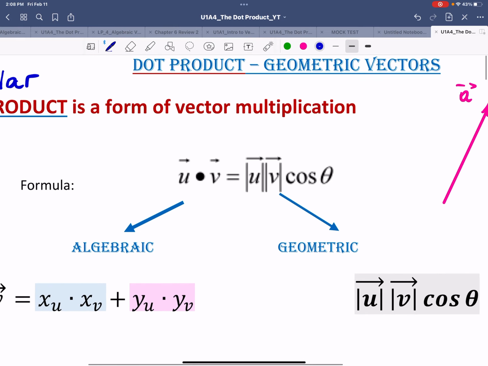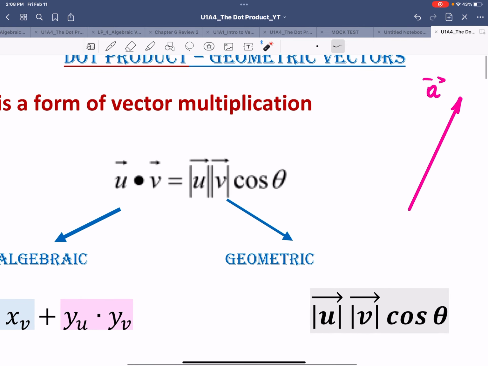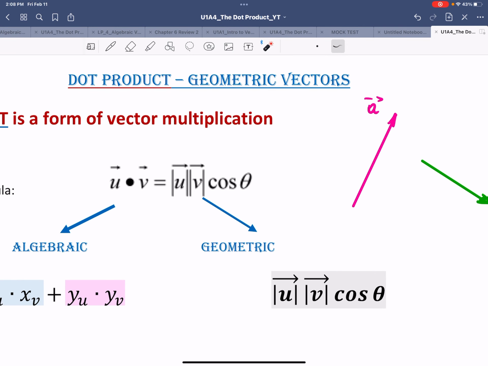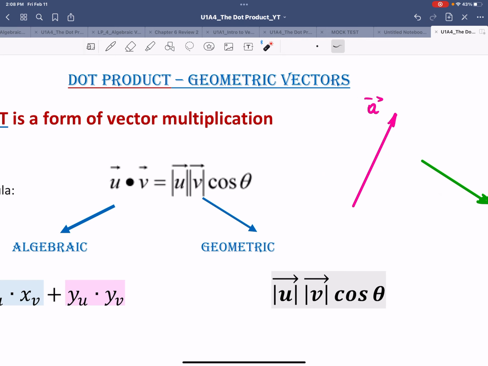Now, as you can see, the dot product relates the multiplication of two vectors in vector form with the multiplication of the magnitudes of two vectors and the angle between them. Remember that when we discussed geometric vectors, we only worked with their magnitudes and the angles that they make with one another.